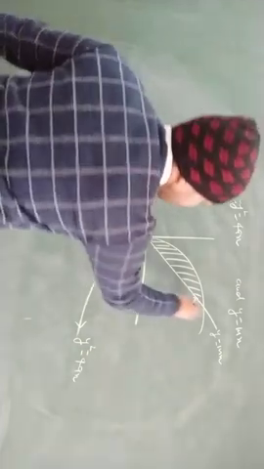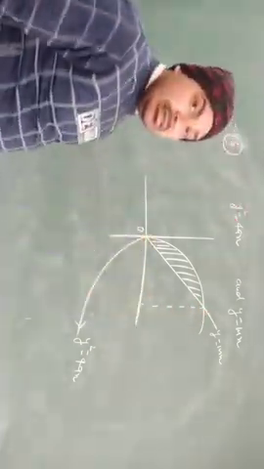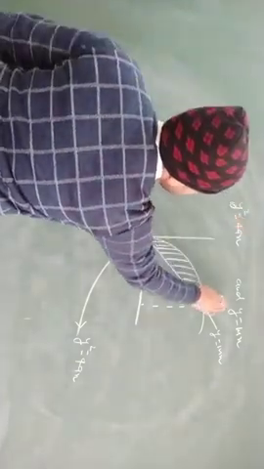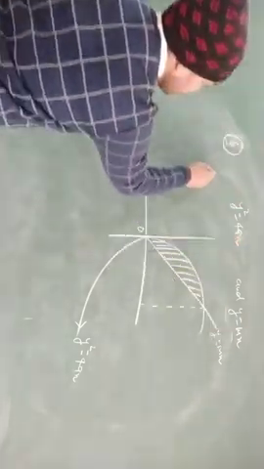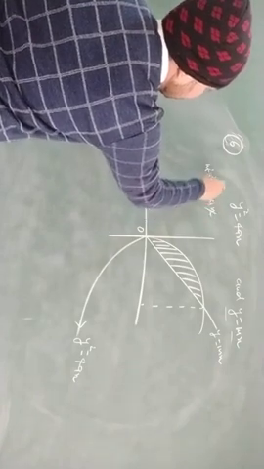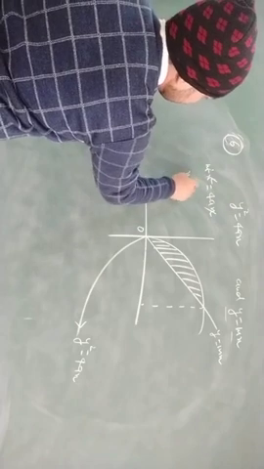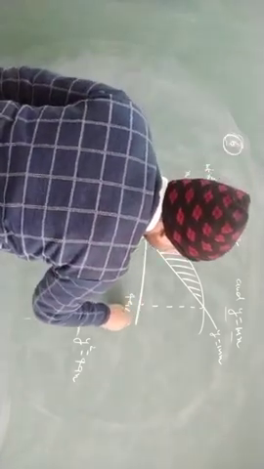First of all, calculate the intersection point to find our limit. To find the limit value, we solve the equations. Put y equal to mx in the parabola equation: m square x square equal to 4ax. Cancelling x, we get x equal to 4a by m square. So the points are 0 and 4a by m square.